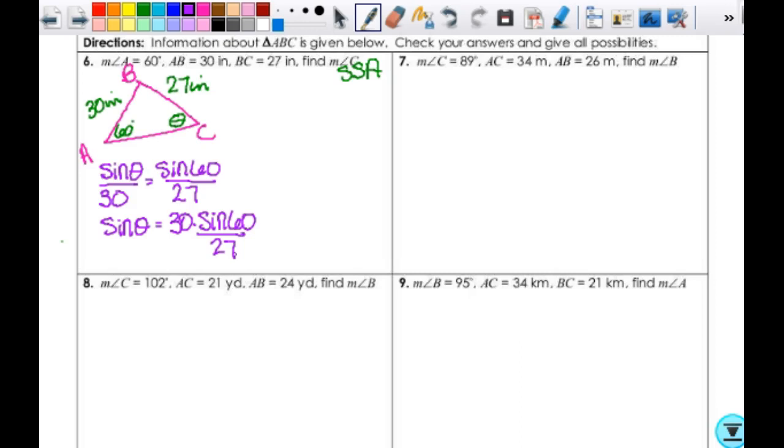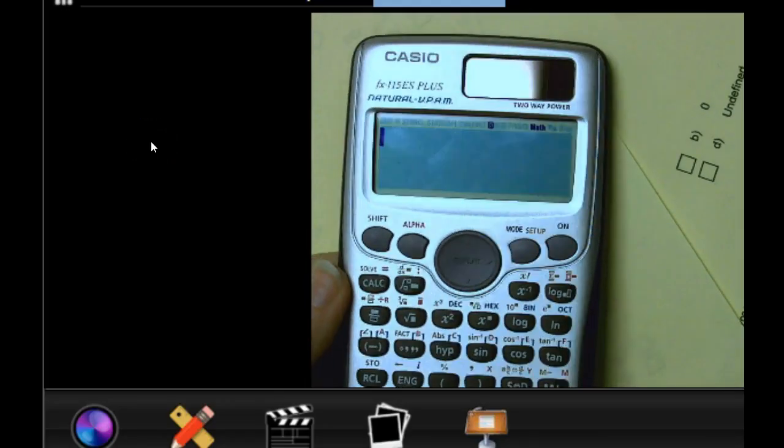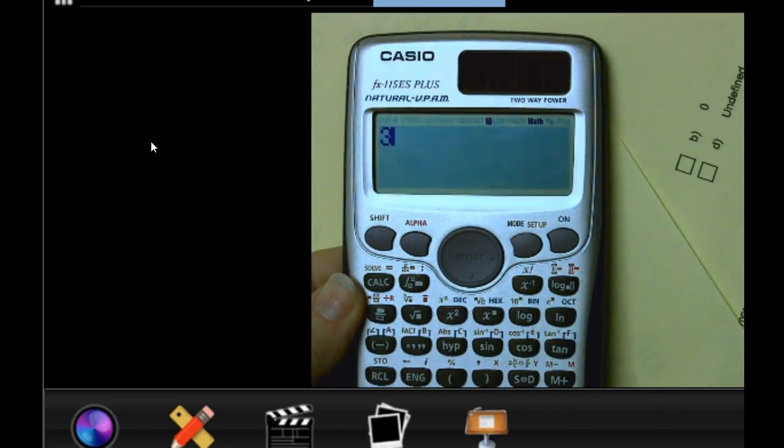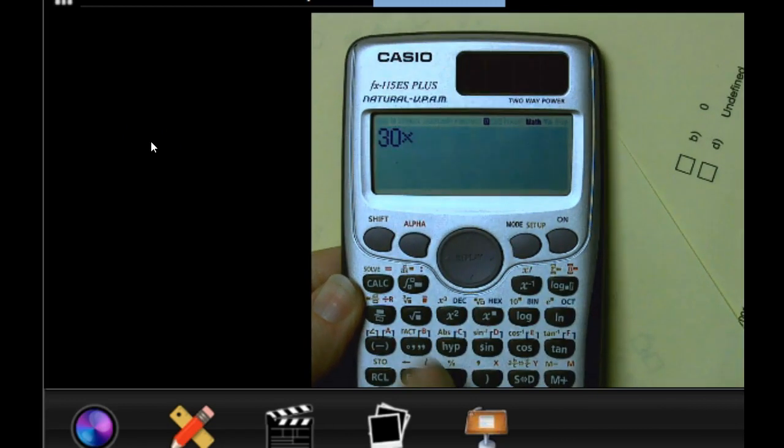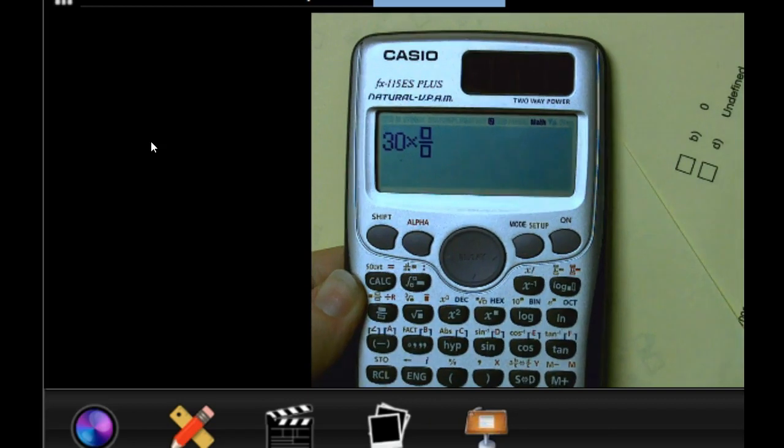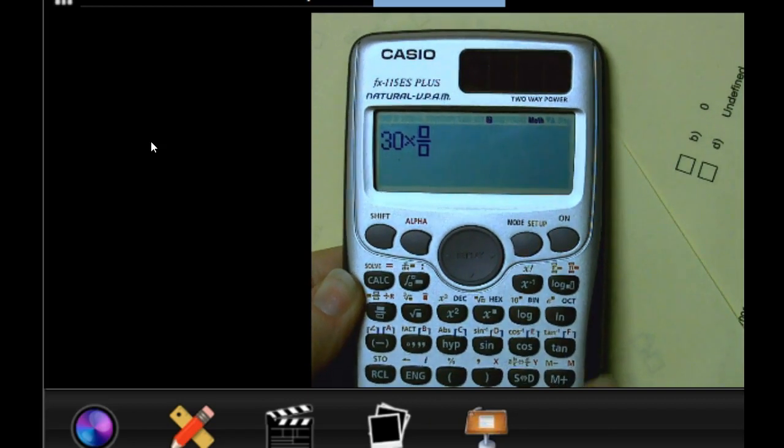So when we go to find this, we actually need the sine inverse of all of this, but I would think that it's really going to be better for you just to kind of do this all in the calculator at this point. So let's type this in and see what is happening. So I'm going to have 30 times in my fraction, and it was the sine of 60.